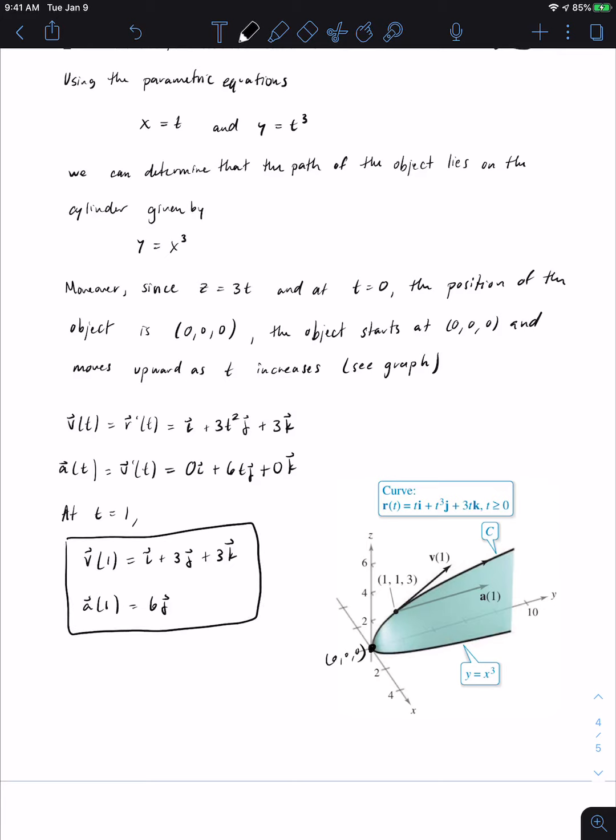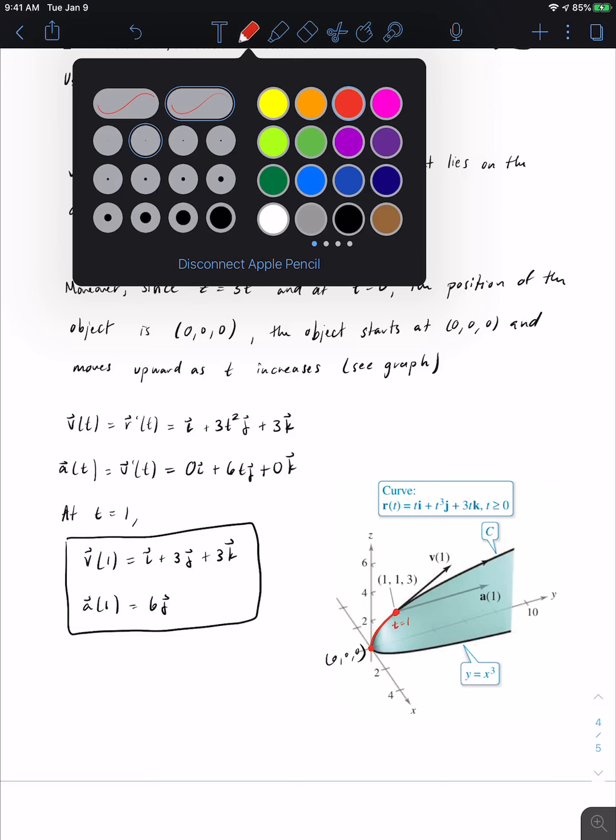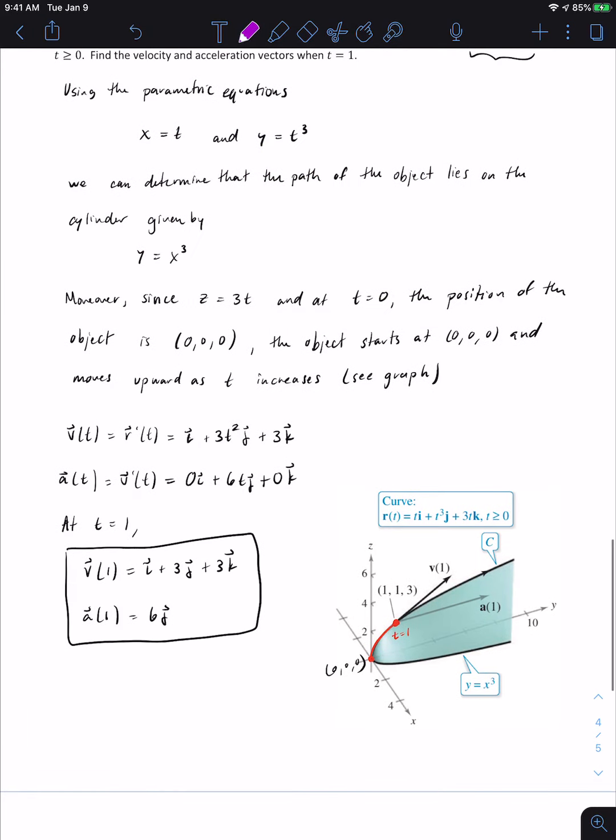If we're going to draw it on our curve, we know that this is where we start, so maybe we'll erase this and say we start right here, at 0, 0, 0. We move up the curve to get here. This is our point, at t equals 1. And then there we have drawn the velocity and the acceleration vector. This is the velocity vector coming out there, and it goes out into the 3 dimensions.